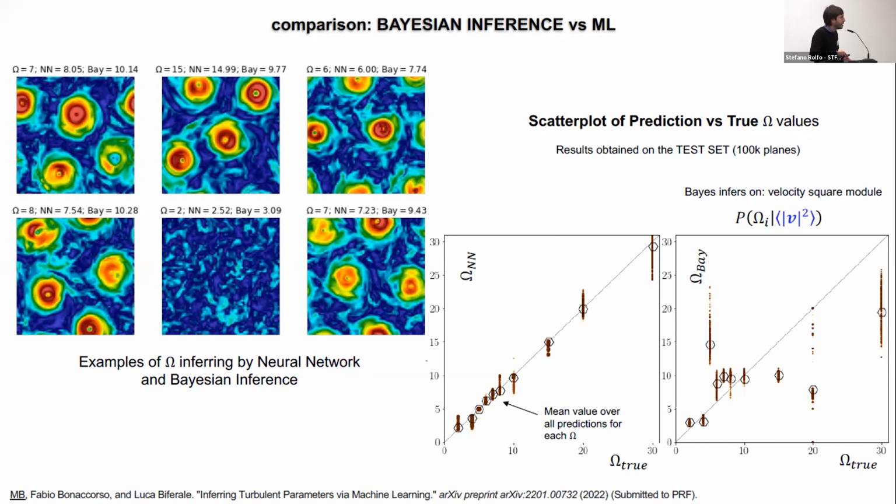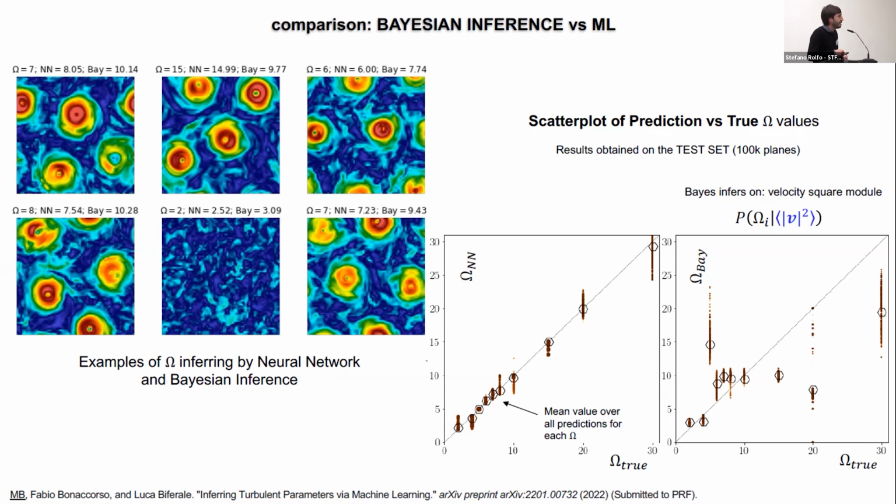And we see that the neural network is quite good in understanding in average, but also the fluctuations. These points here are the scatter plot where the size of points is proportional to the density of points that fell inside this region. And here we see that we have not too bad fluctuations and also a good agreement for the mean value. So the neural network was quite good in solving this problem.